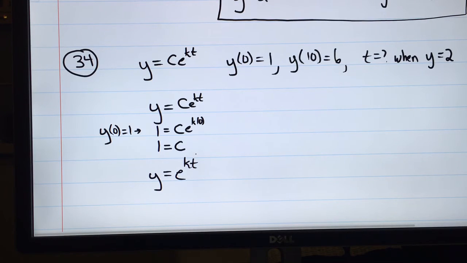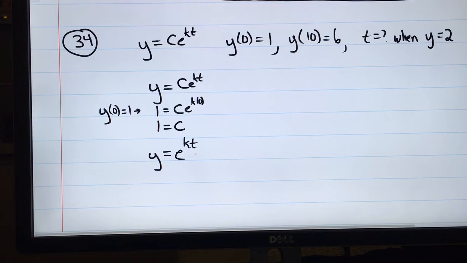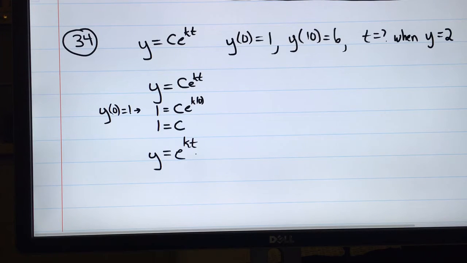Now, for the next item, we will be looking at arriving at the value of k. With the next condition, we had that y of 10 is equal to 6. So y is at 6 whenever t is equal to 10.